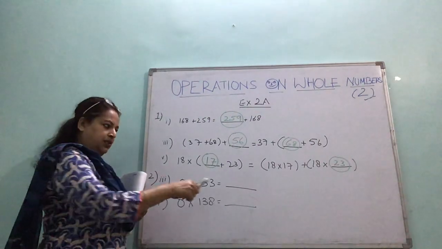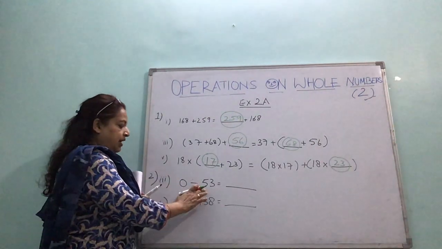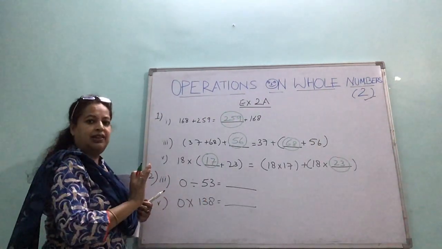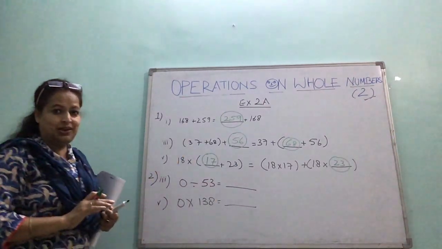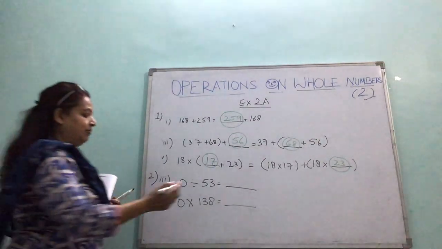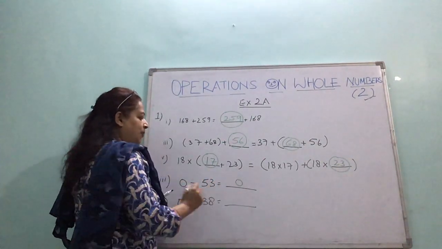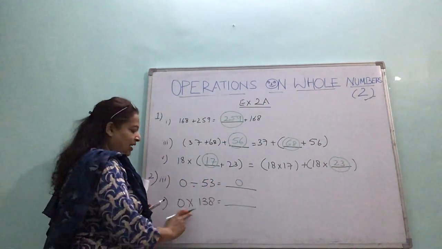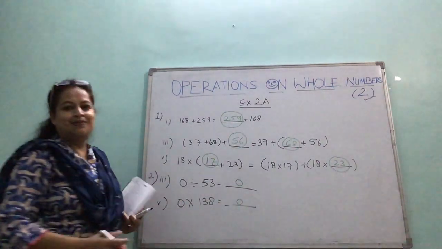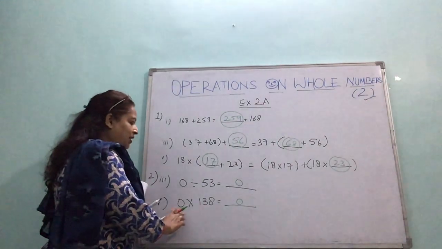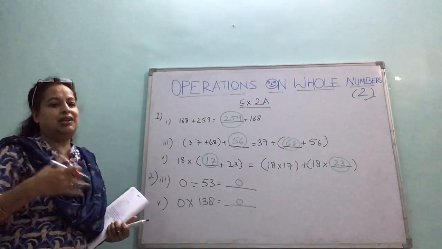0 divided, I just told you, 0 divided by any number. You didn't have anything. You didn't have the cake. And you divide in your whole class of 53 students. How much would everybody get? Nothing. 0. So your answer is 0. And 0 multiplied by anything, what will you get? 0. You didn't have anything and it is done the same way.